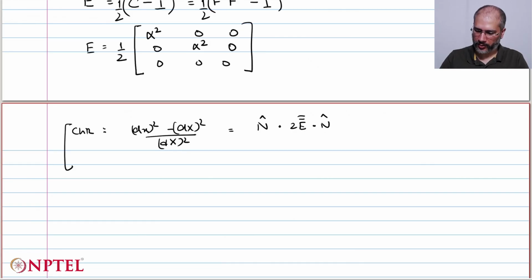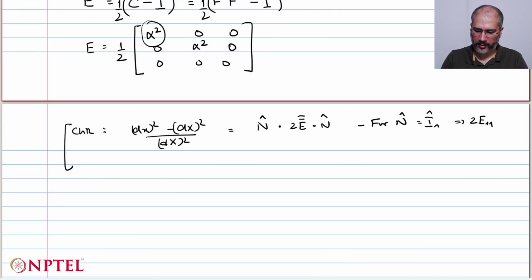So if you check this for, let's say, n hat equal to I1, what you get is twice E11. And what is twice E11? So this is E11. So twice of that, there's a half here. So that is alpha squared.